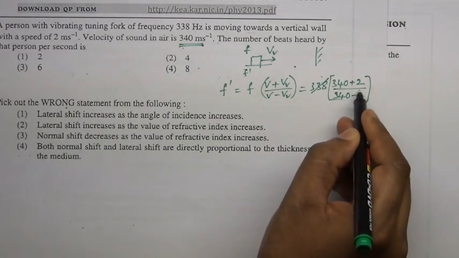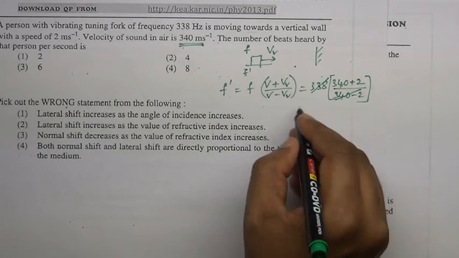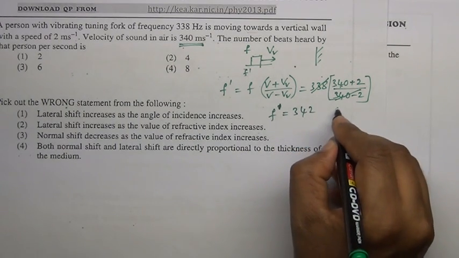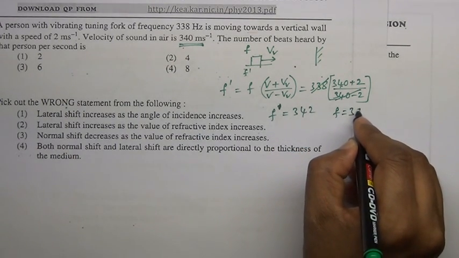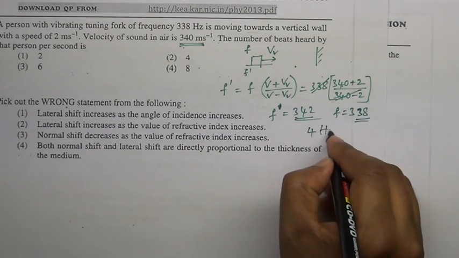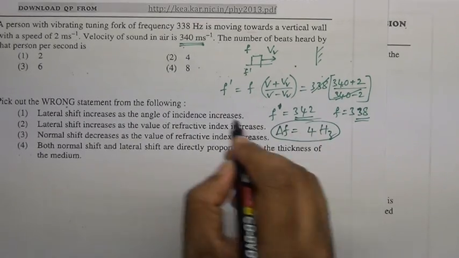Therefore, it cancels, 342. So F prime is 342, whereas F is 338, and the difference of these two is 4 Hz. So beat frequency equals 4 Hz.